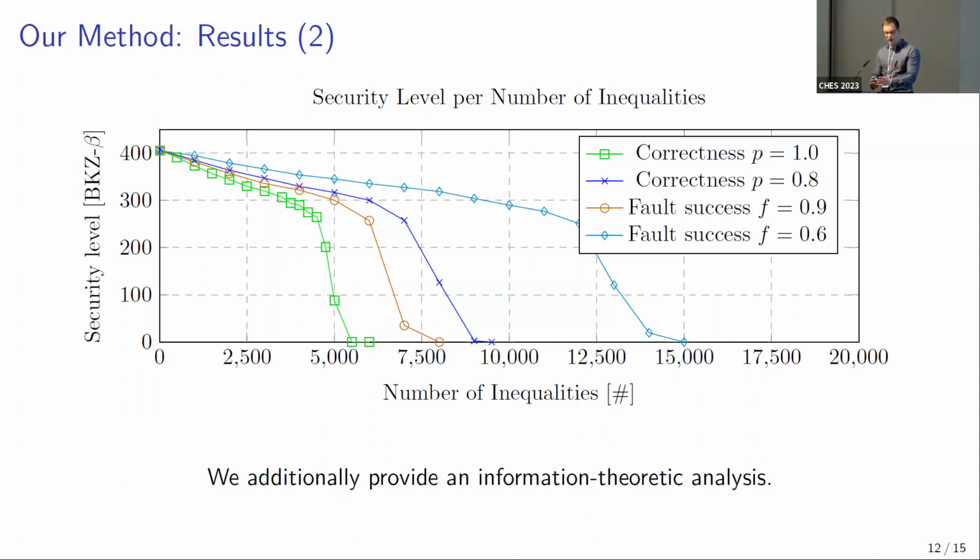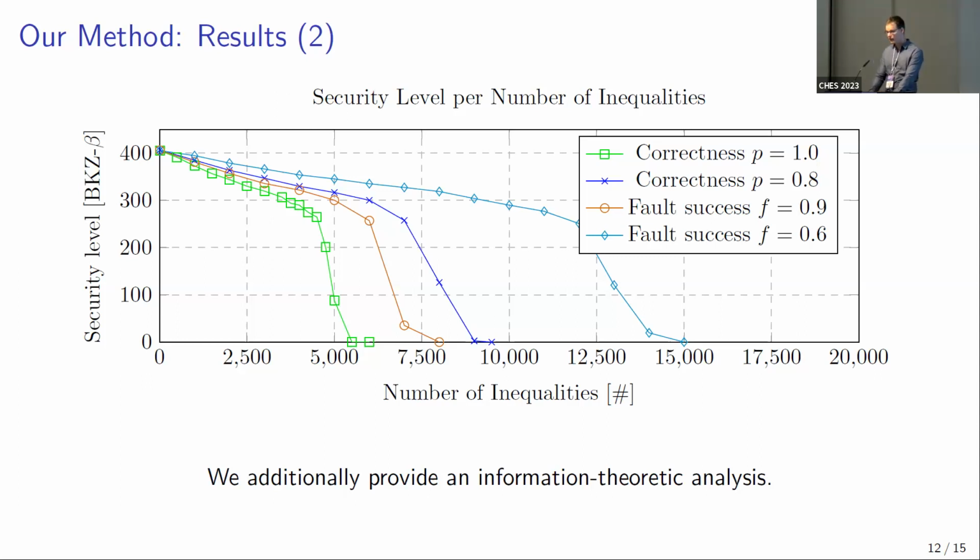As you can see, in all cases, the security level drops quite a lot far before we can actually solve for the secret key using the belief propagation and also using lattice reduction. So the security level is greatly reduced far before we can solve for that. And a large-scale attacker can potentially carry out those attacks with much fewer inequalities than we can on widely available hardware.